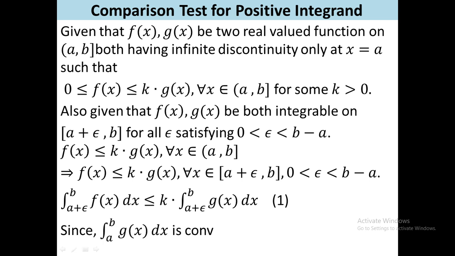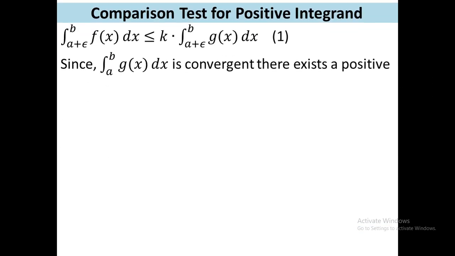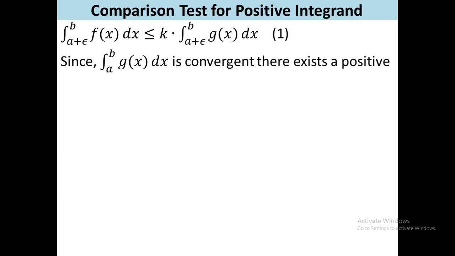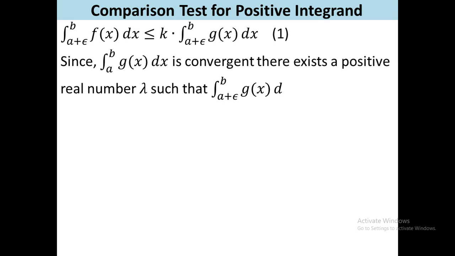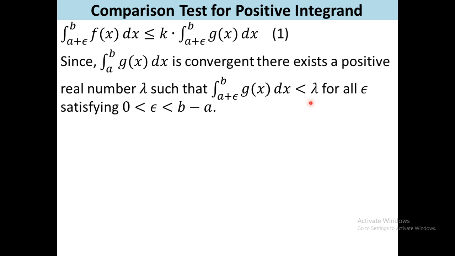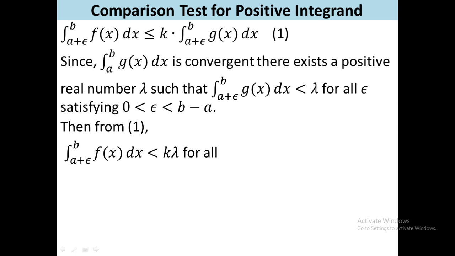Since g(x) is convergent, there exists a positive real number, suppose lambda, such that the integral from a plus epsilon to b of g(x) dx is less than lambda for all epsilon satisfying that. Again, since this is less than lambda, you have to use that relation. Therefore, this will be strictly less than k lambda, for all epsilon satisfying that.